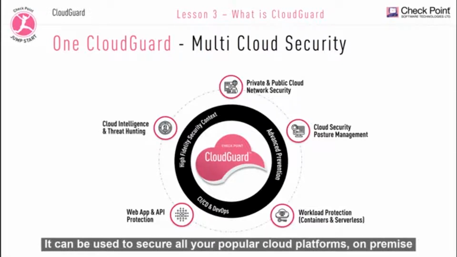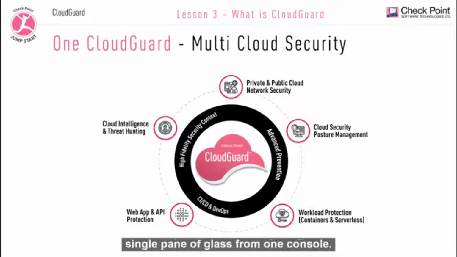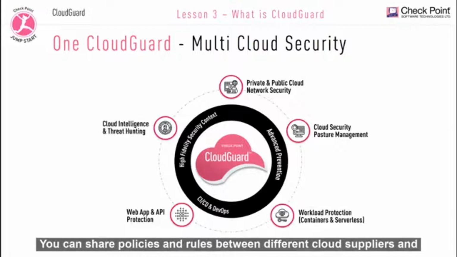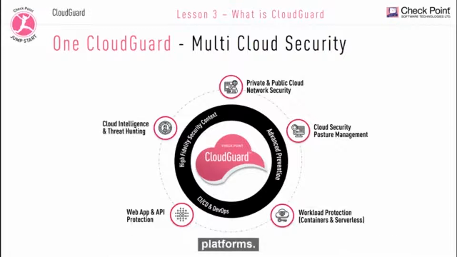It can be used to secure all your popular cloud platforms, on-premise data centers, and public IaaS infrastructures, regardless of your cloud of choice. With CloudGuard, your cloud security will be managed from a single pane of glass. From one console, you can share policies and rules between different cloud suppliers, and also gain visibility to your cloud security posture across different platforms.